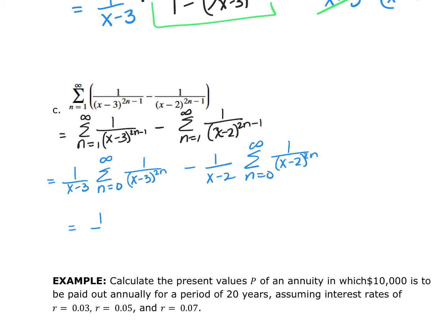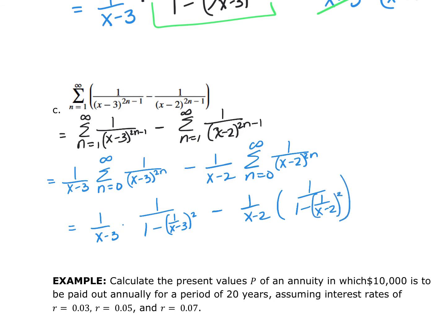This then becomes 1 over x minus 3, 1 over 1 minus 1 over x minus 3, the quantity squared, minus 1 over x minus 2, multiplied by 1 over 1 minus 1 over x minus 2, the quantity squared.